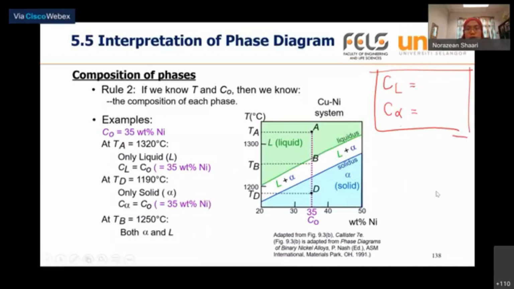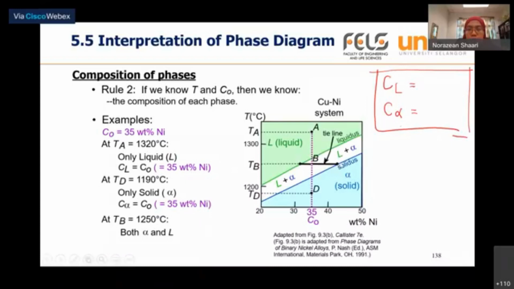So this is what we call tie line. Draw a line from the liquidus line ni, boundary line yang ni, sampai ke boundary line yang ni untuk region tu. Because dia dalam phase liquid plus alpha ni kan, so kita draw the line within this region.